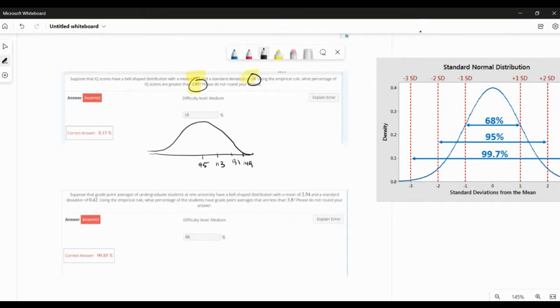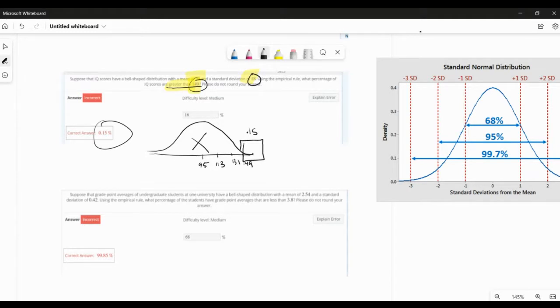Okay, now let's look for a keyword. It says greater than. All right, so now I need the area to the right of 149 and not all of this right here. So that would be that 0.15 area that we talked about in the previous problem, and that's the correct answer.